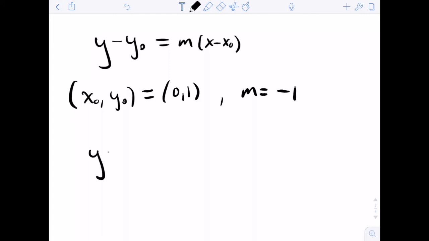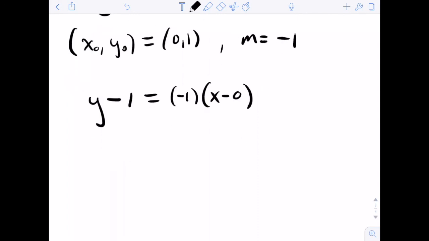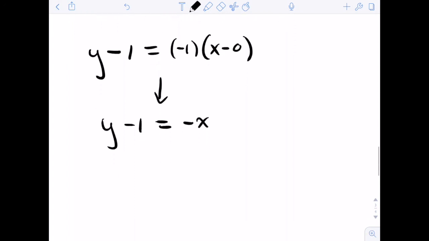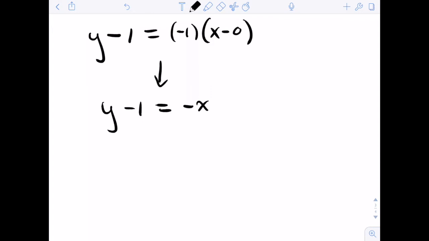So we've got y minus 1 equals negative 1 times x minus 0. Okay, so now if we do a little simplification, this is y minus 1 equals negative x, right? And then we can bring the 1 over. So we get y is equal to minus x plus 1.